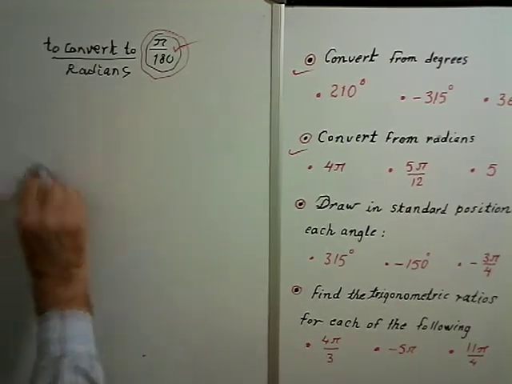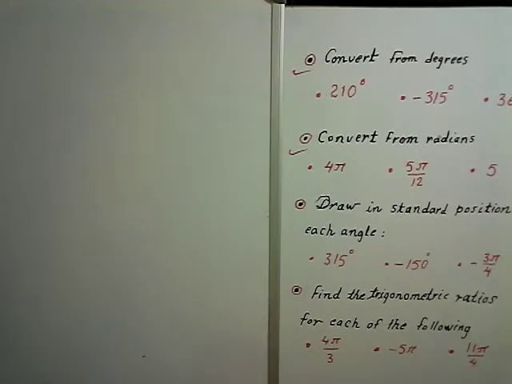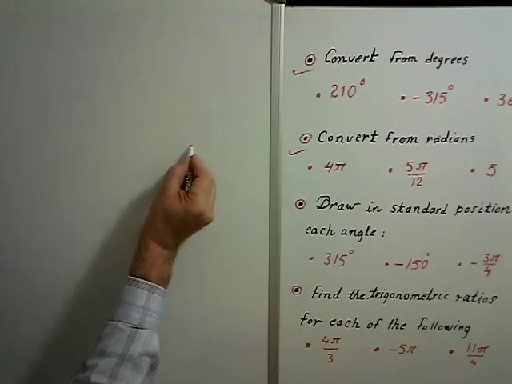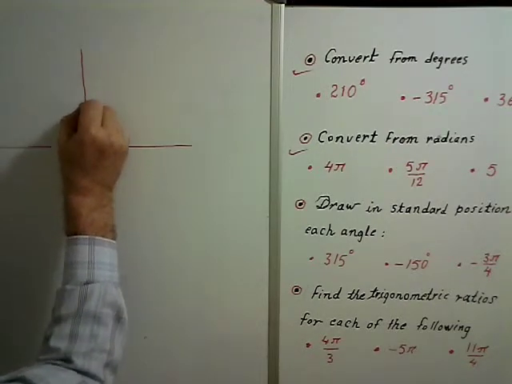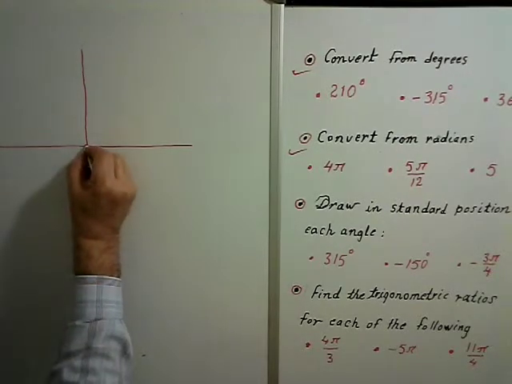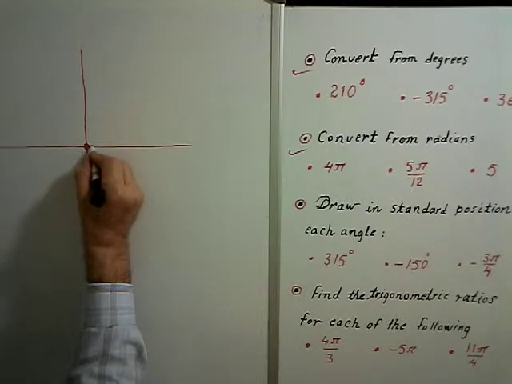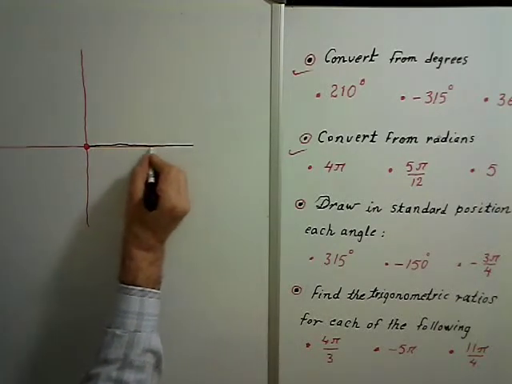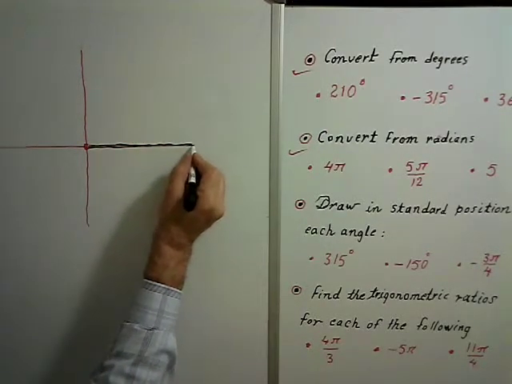Remember, for standard position we need to draw the x-axis and the y-axis, and when you draw the angle, you should put the vertex of the angle on the origin point and put the initial side on the positive side of the x-axis. So this is the initial side for the angle.